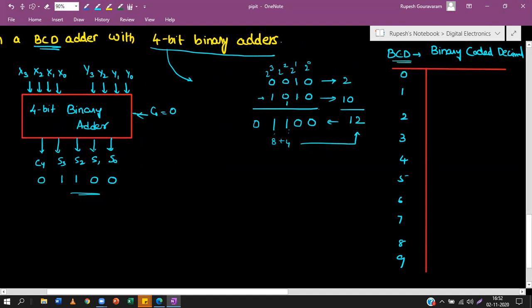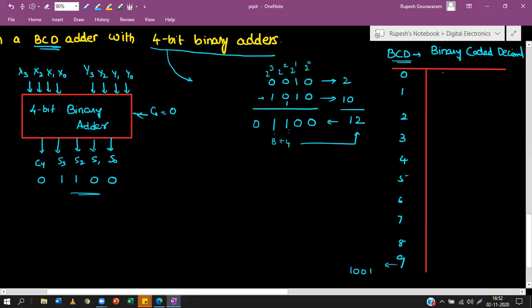To represent 9, you need how many bits? 4 bits, because 9 is represented as 1001. So it requires 4 bits to represent each and every value.